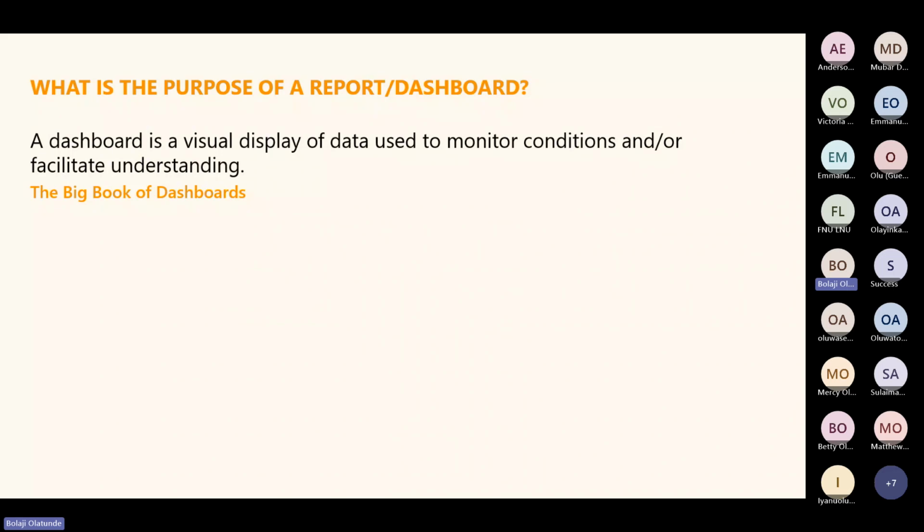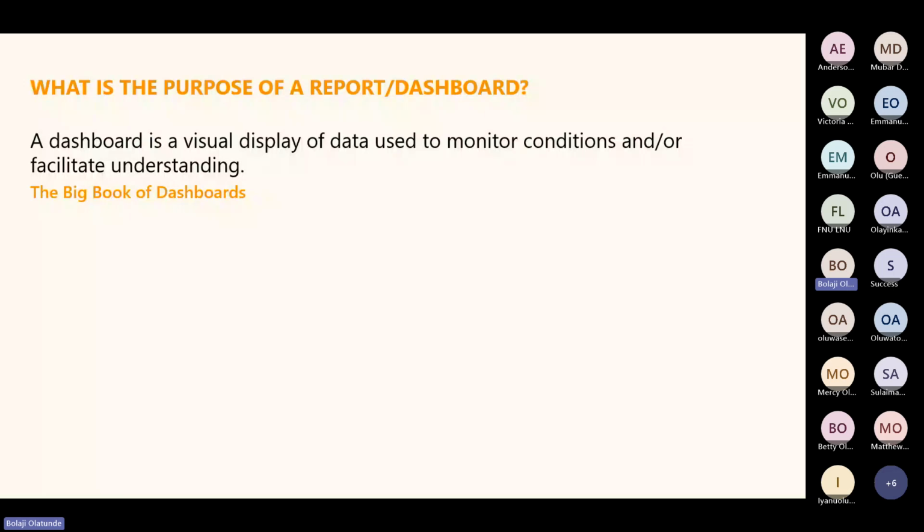And in their book, they talked about how if you ask different people what a dashboard is, everybody's going to give you their own understanding or their own perspective of what a dashboard is. But they narrowed the definition for the context of their book into this. A dashboard is a visual display of data used to monitor conditions and or facilitate understanding.